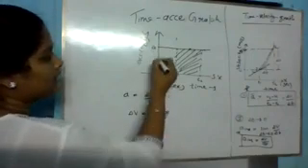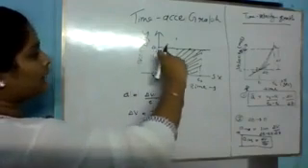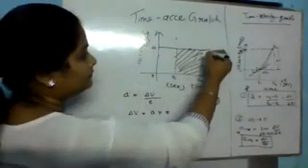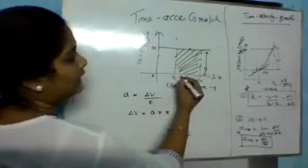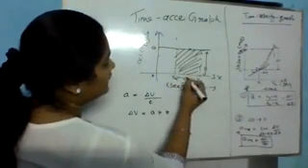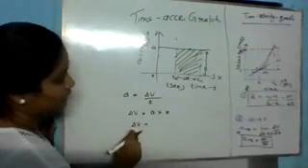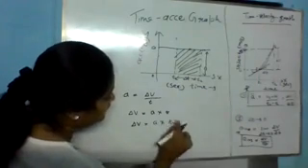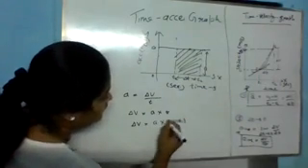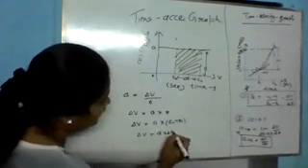Now if we consider this as a, then the value of acceleration is a and the time taken is delta t, that is t2 minus t1. So we can find out the change in velocity, that is delta v equals a into delta t.